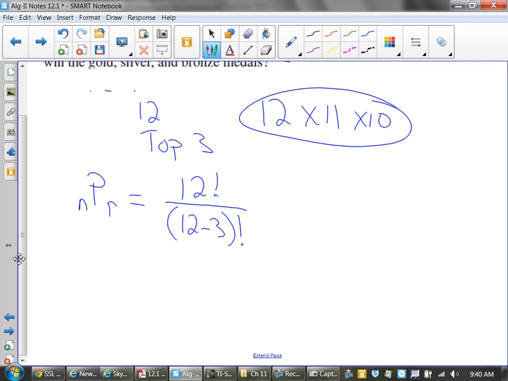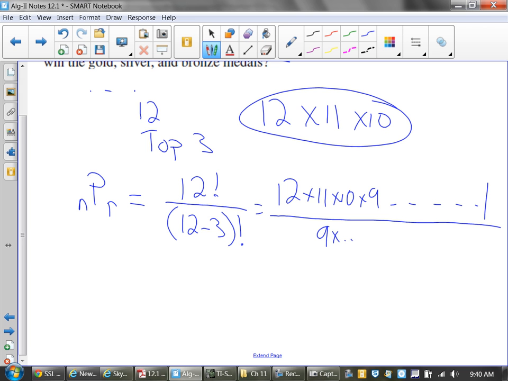So it cancels itself out, and you get 12 times 11 times 10 times 9 and so on, where these drop out and you're left with just that. So if you're trying to figure out the ways that the top 3 finishers could go, it would just be 12 times 11 times 10. Substantially fewer possible ways to do it.